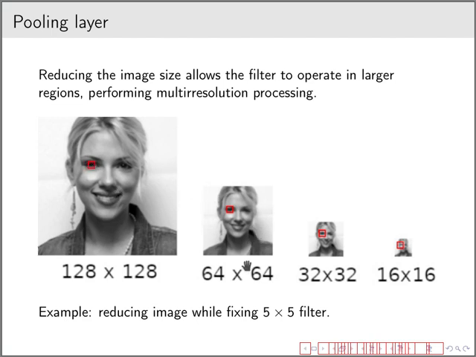But if I reduce the size of the image and keep the size of the filter, instead of just covering the iris of that eye, it covers all the eye and maybe the eyebrows as well.